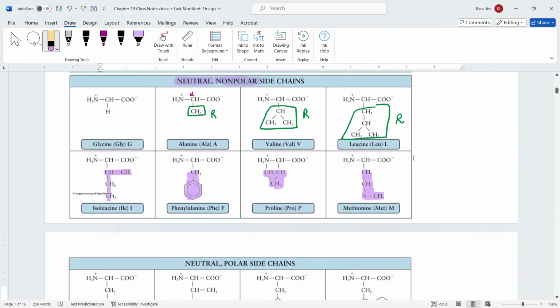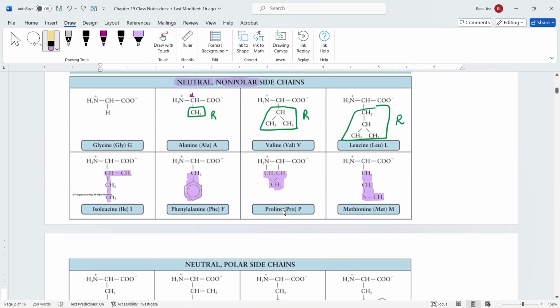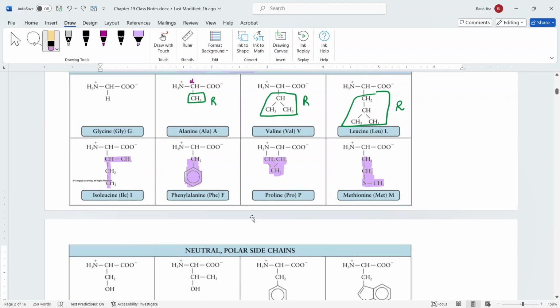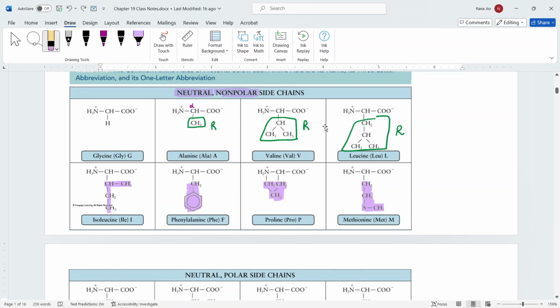Another classification of amino acids is neutral with polar side chains. There's a big difference between a nonpolar side chain and a polar side chain. For the nonpolar side chain, as we said, we have an R group connected. This is a disulfide, an S with 2 R's. This is nonpolar.